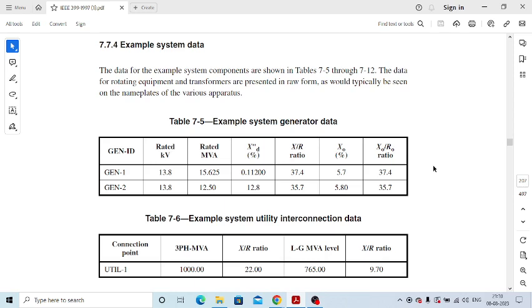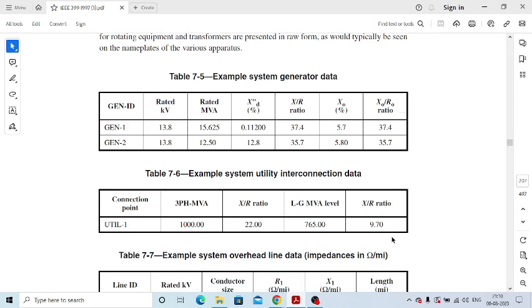For any short circuit analysis with respect to ground, we should have the zero sequence components. If zero sequence components are not there, we are not in a position to calculate the fault current with respect to ground. In the absence of zero sequence components, we can calculate only the positive sequence fault current.